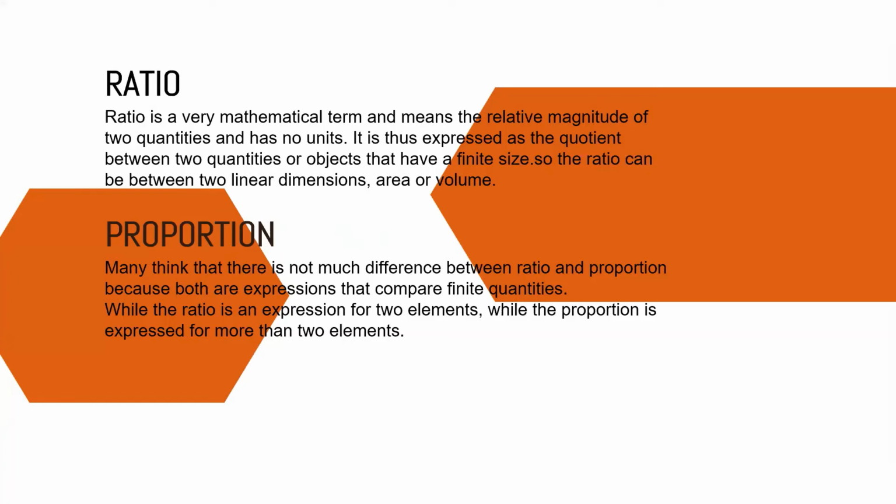Proportion. Many think that there is not much difference between ratio and proportion because both are expressions that compare finite quantities. Ratio is for two elements, while proportion is expressed for more than two elements.